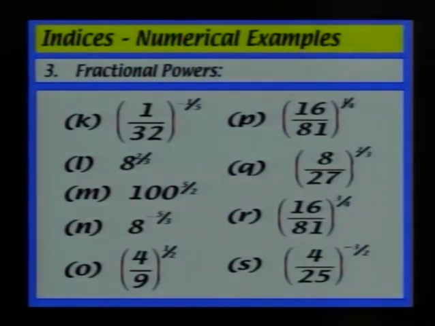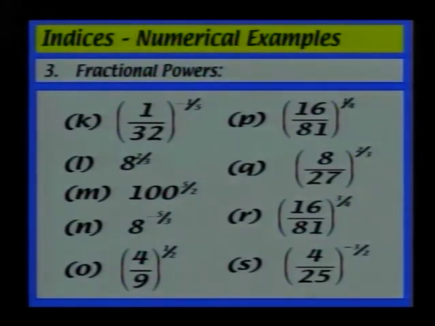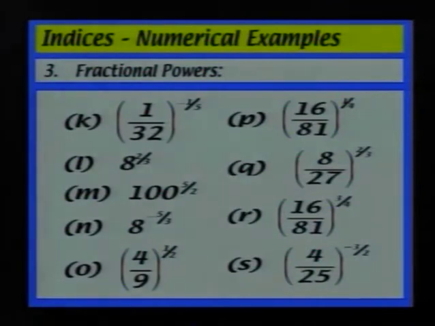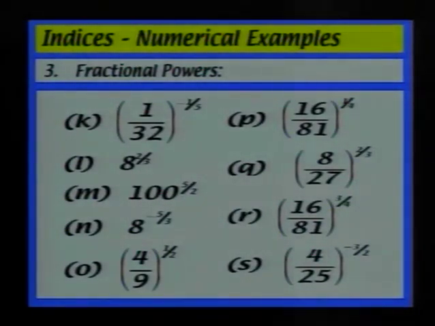1/32. Correct. Raylene. O. 2/3. Agnes. P. 2/3. Correct. Q. George. 4/9. R. Gabriel. 8/27.